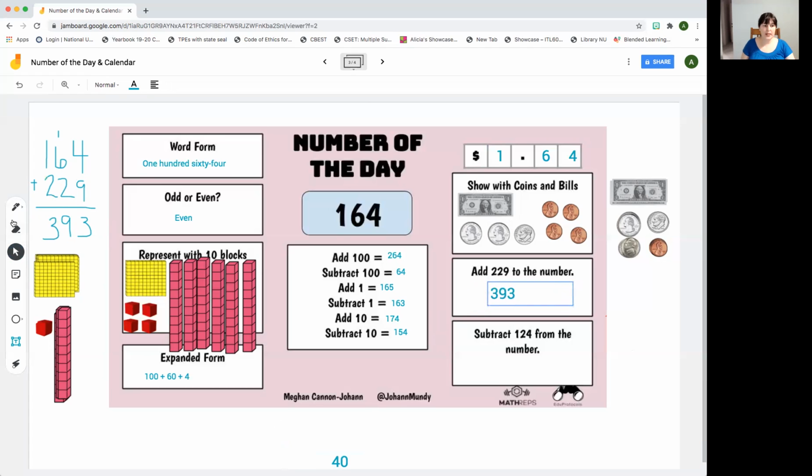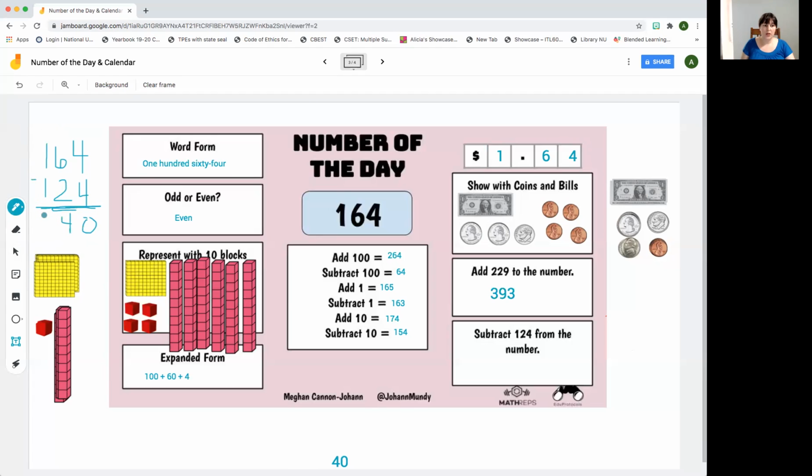My last problem says for me to go ahead and subtract 124. So I'm going to go ahead and take my next number, and I'm going to subtract 124. So if I take 124 here, making sure I line up my ones, tens, and hundreds place. 4 minus 4 is 0. 6 minus 2 is 4.